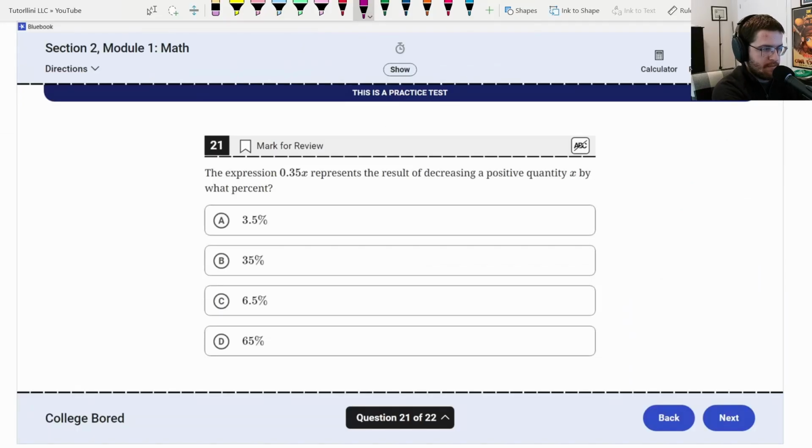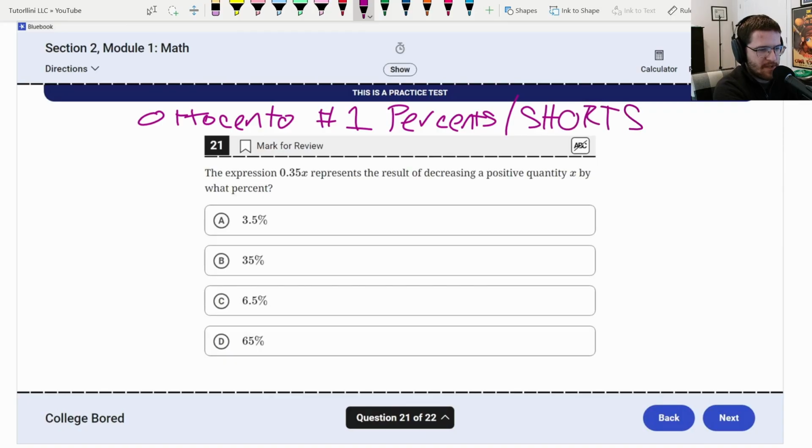Okay, question 21. So once again, guys, in my Ottocento number 1 on percents, I go over this exact question a bunch of times. Also in my shorts on percents. So if you go to my shorts, there's like 5 shorts on percents, I think. You'll see me go over this. So that 0.35 is a percent multiplier that we are applying to the x.